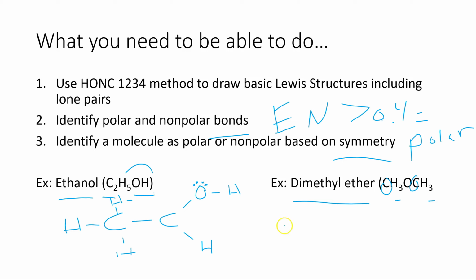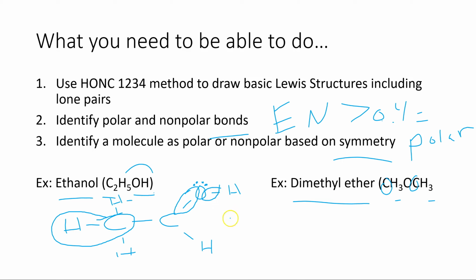Right. We want to stay in the habit of doing that. Okay. Now, what we want to look for here is our bonds, right? So again, we have our carbon-hydrogen bonds. So those carbon-hydrogen bonds, as we indicated earlier, are non-polar. All right. So all of our carbon-hydrogen bonds are non-polar, but we have a polar bond here, and we have a polar bond there.